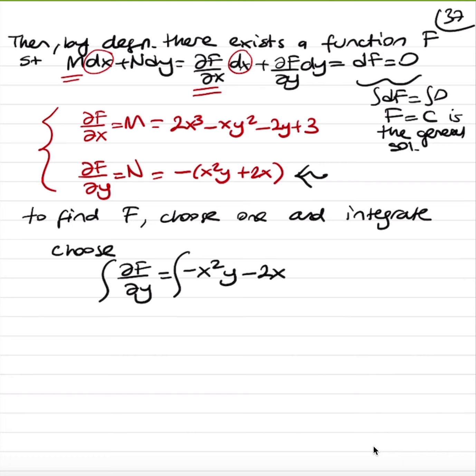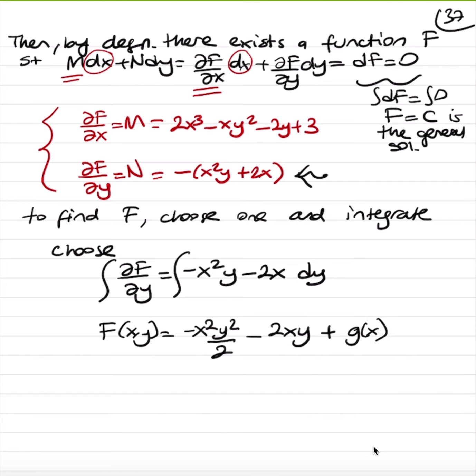And then I will integrate. So this time, be careful, we are integrating with respect to y. Then f of x y is equal to, we are integrating with respect to y, so x is a constant, y squared over 2 minus 2xy plus, and the constants are a function of x. Let's say it is a function that depends on x, g of x.